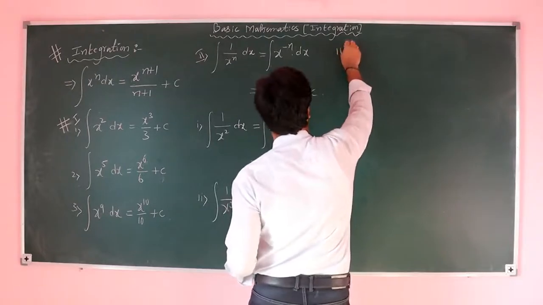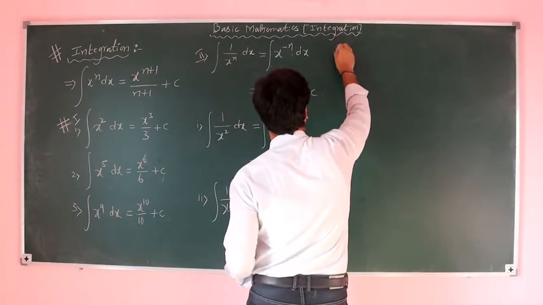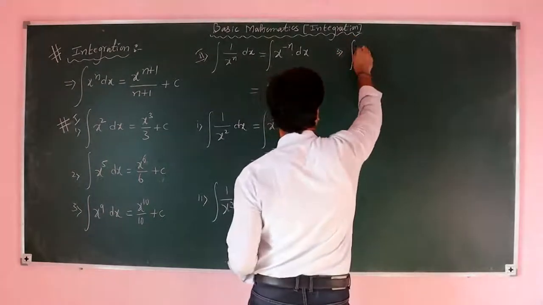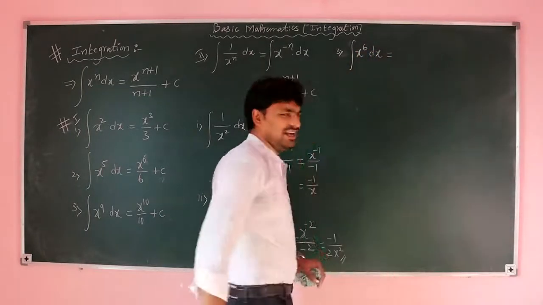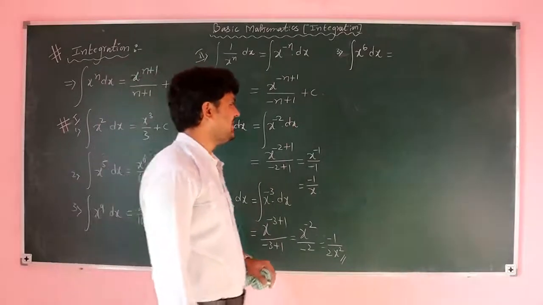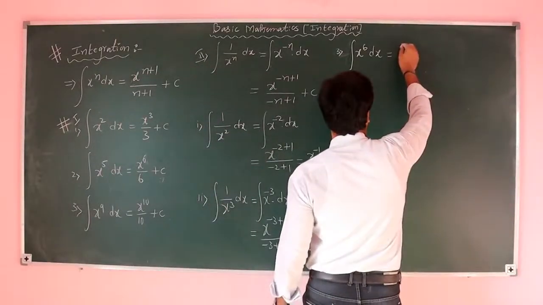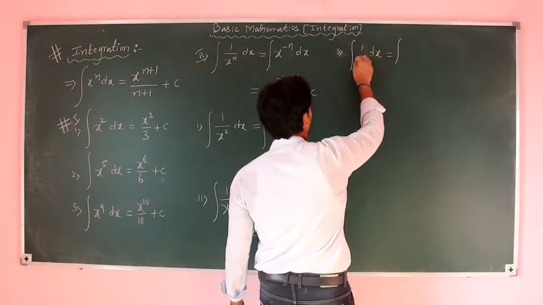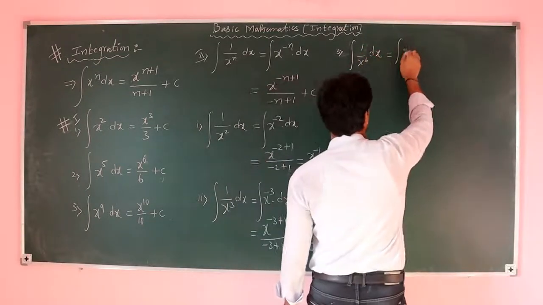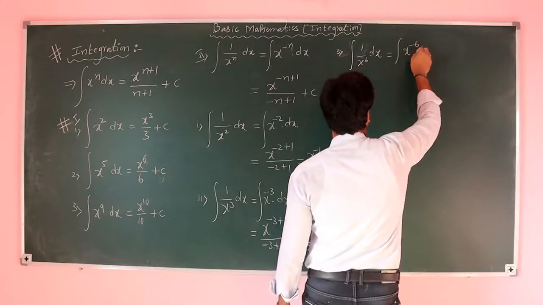Let's take one more, no problem. Can anyone tell? Integral 1 by x power 6 dx. 1 by x power 6 means x to the power of minus 6 dx.